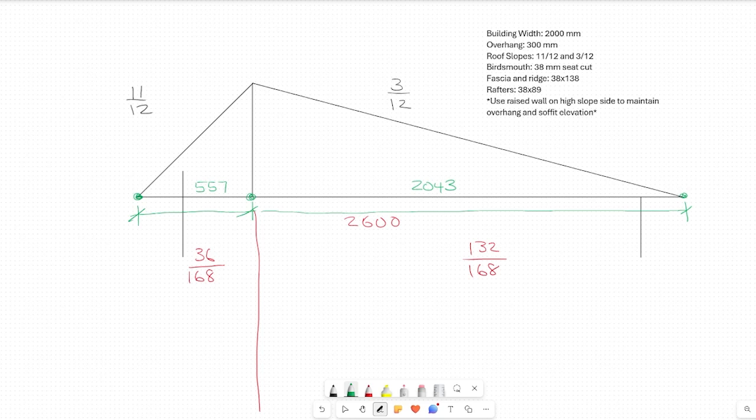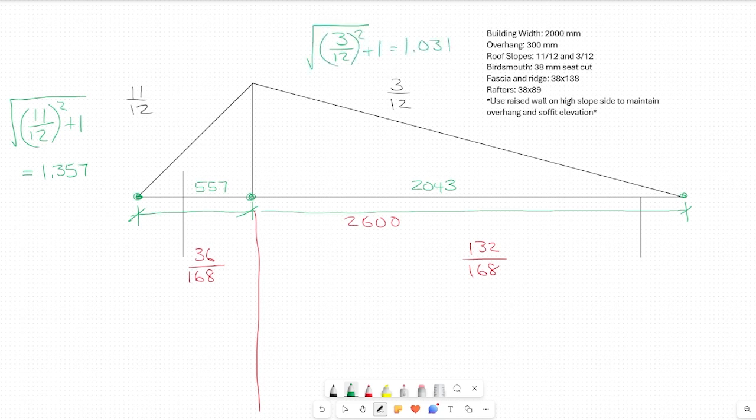Now my next step will be determining the slope gain factor for an 11 over 12 roof, 1.357, and the slope gain factor for a 3 over 12 roof equals 1.031.